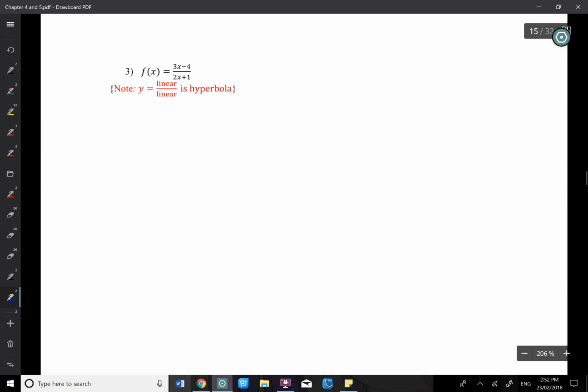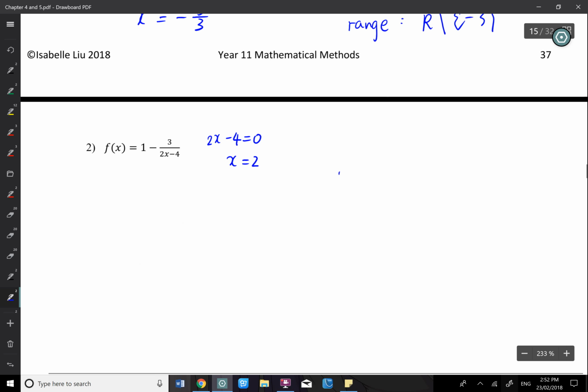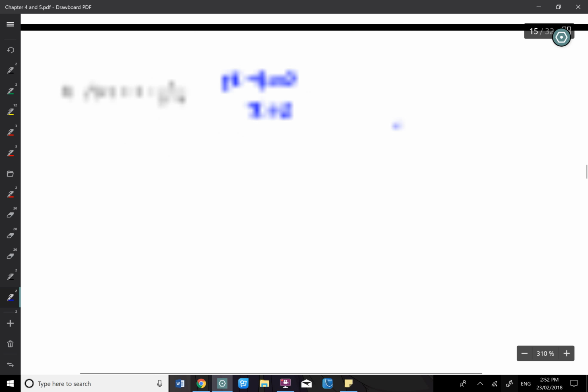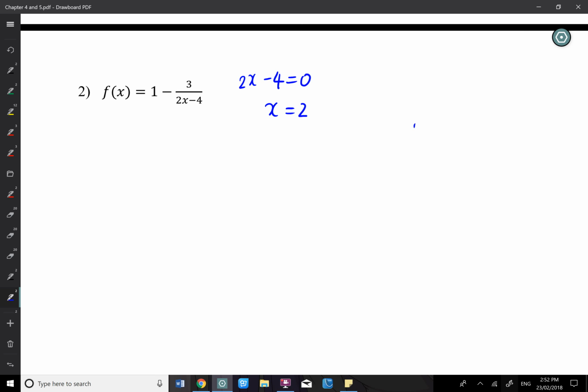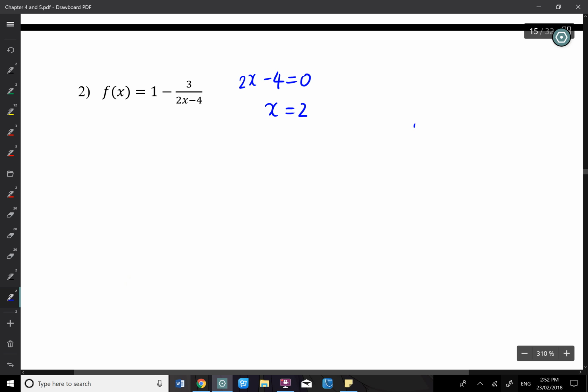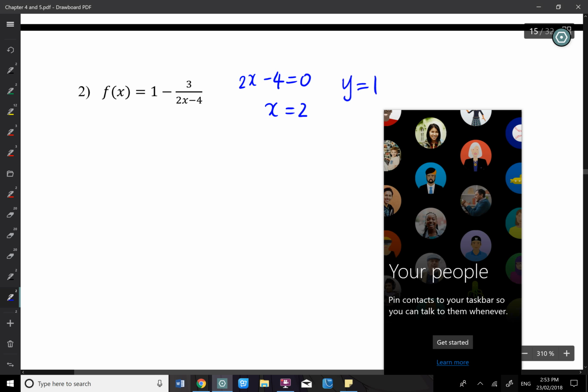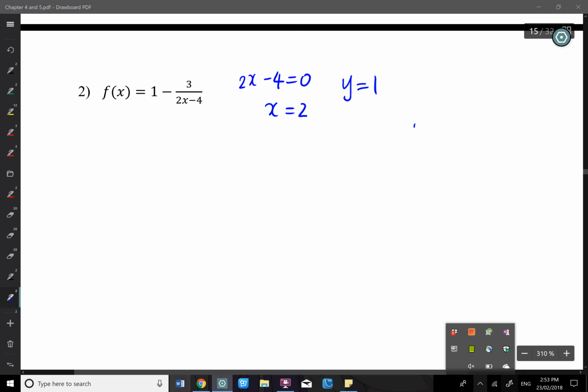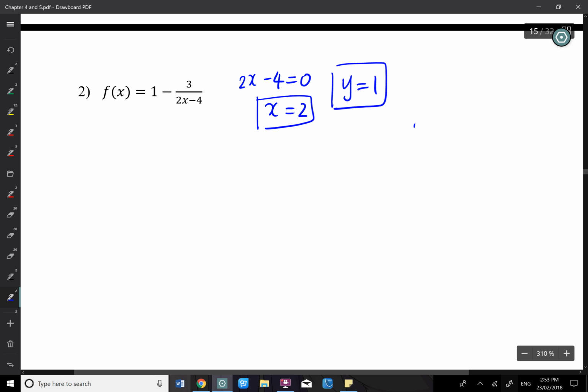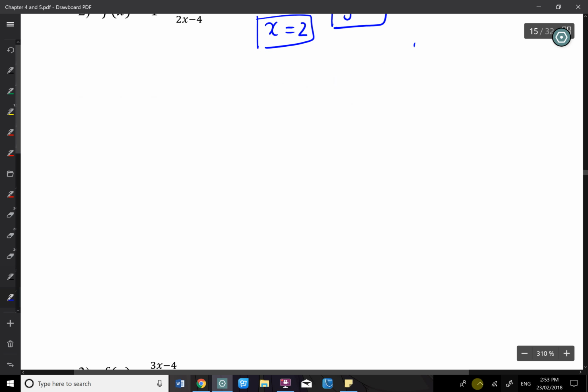Okay, let's keep going. For example 2, I already found the x asymptote. What's the y asymptote? 1 or -1? 1. Okay, y equals 1 will be the asymptote, and x equals 2 is the other asymptote. Let's just sketch that.